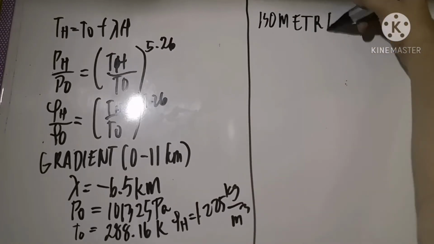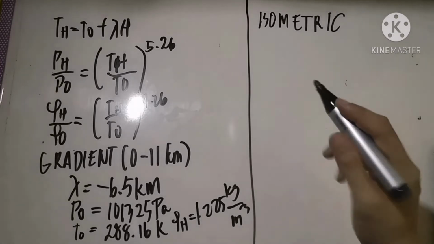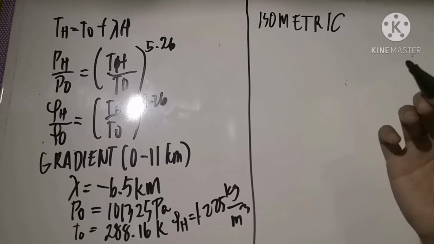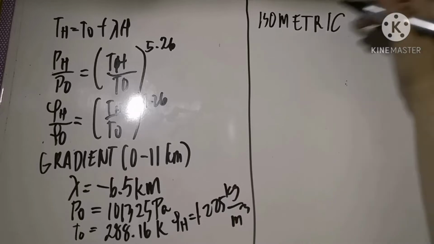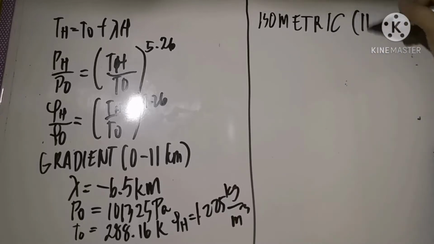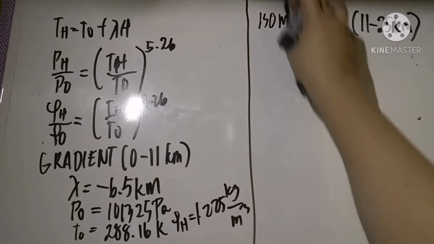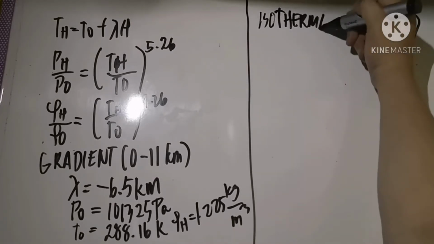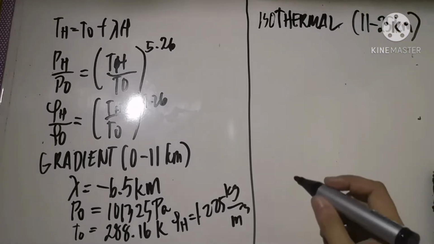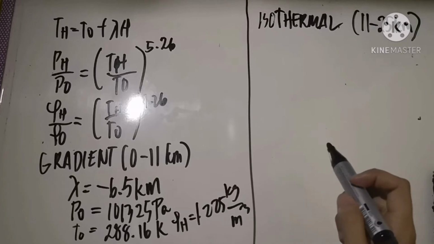Why? Because dito nga sa isothermal region, temperature does not change. So, tulad ng sinolve natin kanina, ay this isothermal region ranges from 11 kilometers to 25 kilometers. Okay? Bakit isothermal? Sorry, isothermal region. So, yan. Isothermal region ranges from 11 to 25 kilometers.